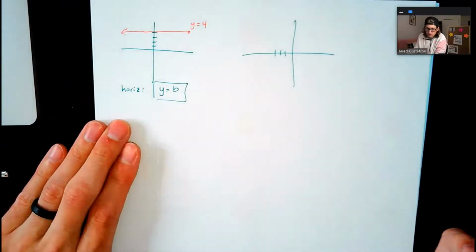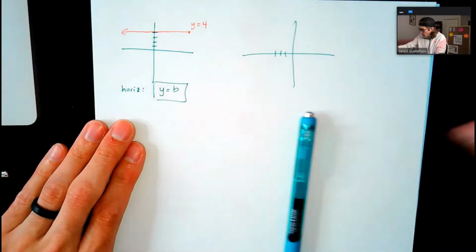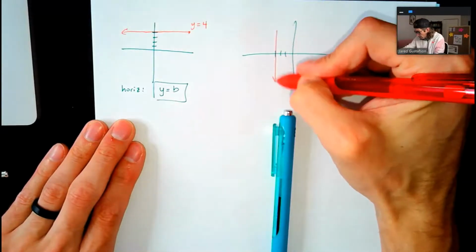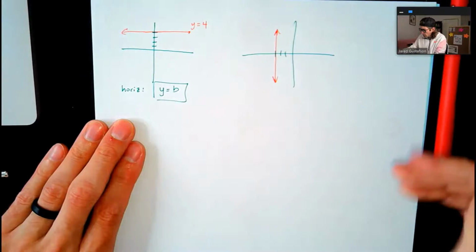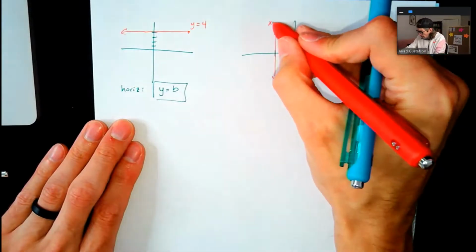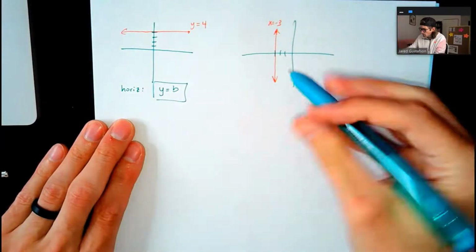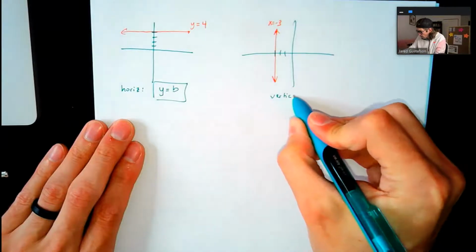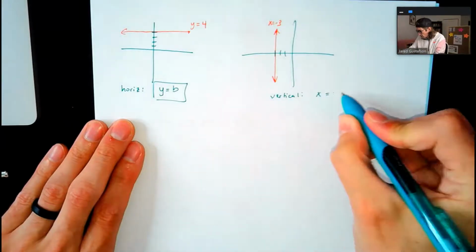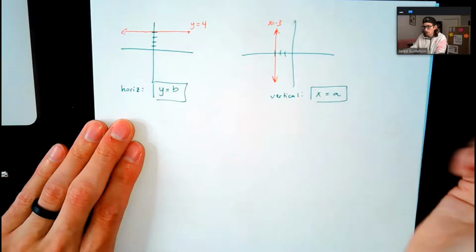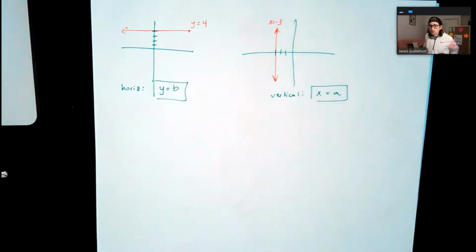We'll call it b because it's the y-intercept. And then let's have our vertical line. The equation for that one is going to be x equals -3. So if you recall, any vertical line will have its equation x equals some number a. So those are some basic facts about our horizontal and vertical lines.